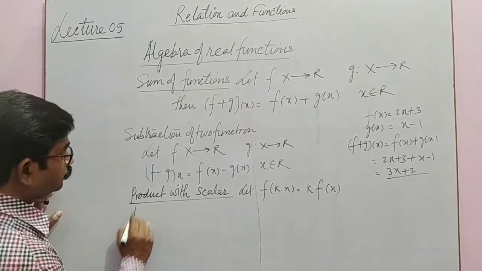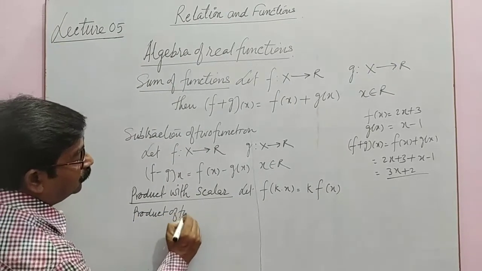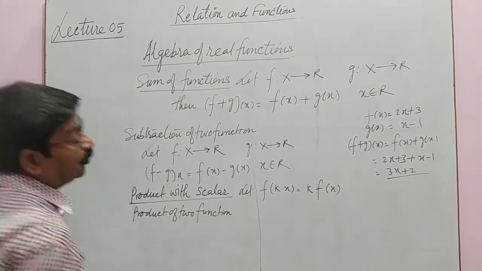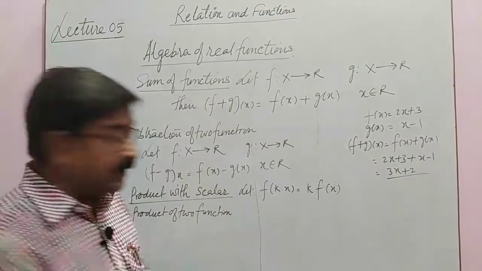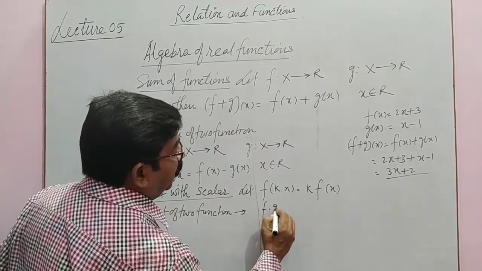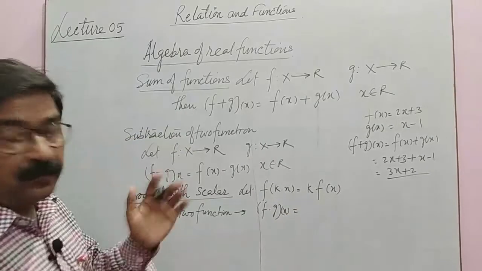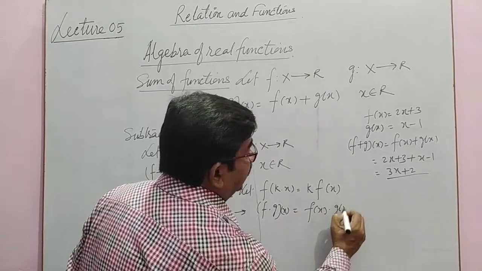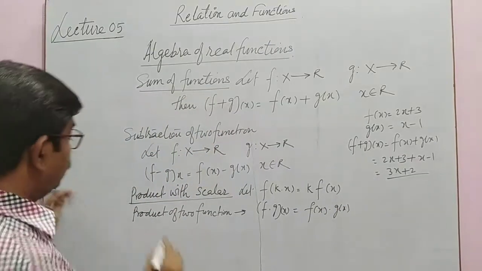Now we are coming to the product of two functions. The same way, two functions f(x) and g(x). In that case, suppose we have (f dot g)(x). f dot g means product of two functions, so simply we can write f(x) dot g(x).